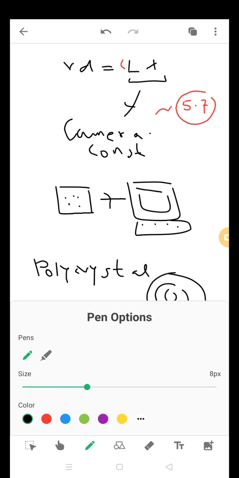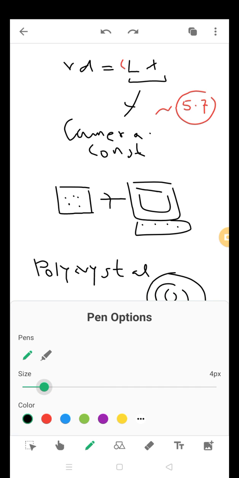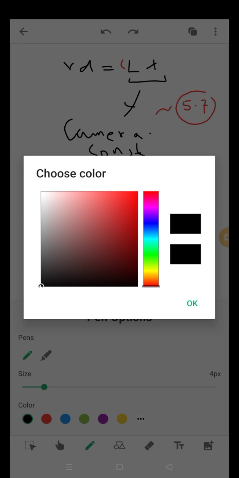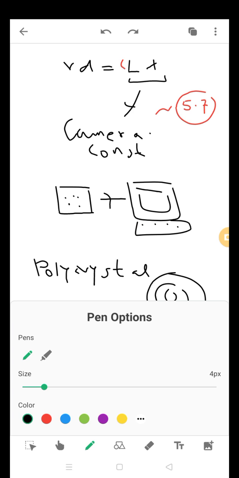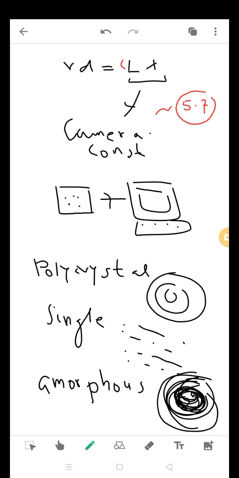Instead of definite crystallographic lines, these would be halo sort of things. You see circular shapes, but you would not be able to identify any particular lines. It would be like bands. So this is how the amorphous diffraction pattern looks.